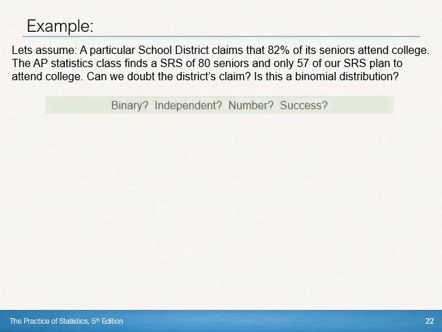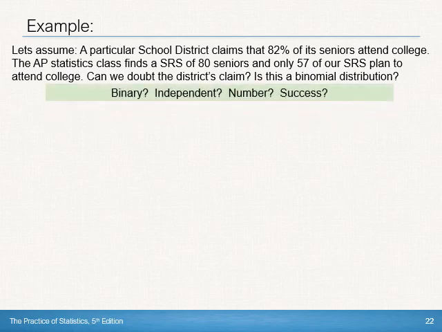Let's think about if this is a binomial setting. The binomial situation, yes, you're either going to college or you're not. The independence, now we have to make sure that we're not sampling more than 10%. So that means in this particular school district, there would have to be over 800. Is there a fixed number? Yes, we asked 80 students.